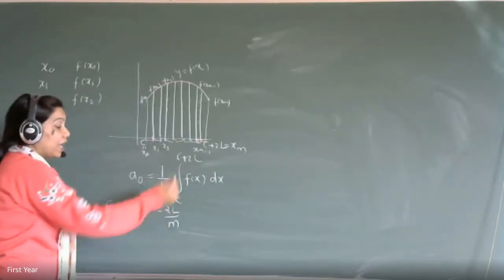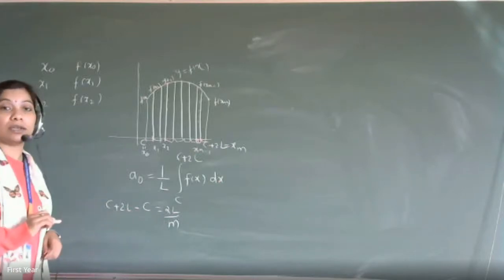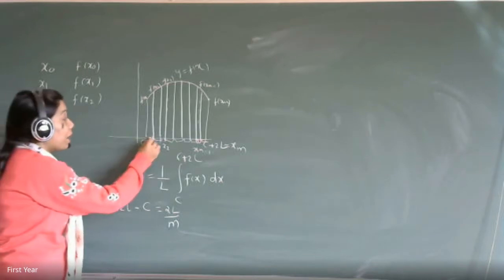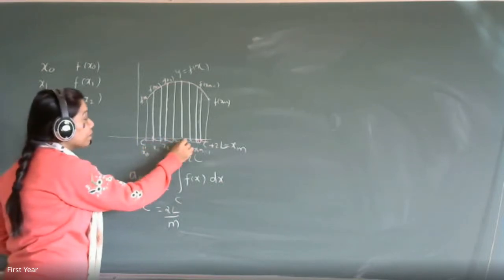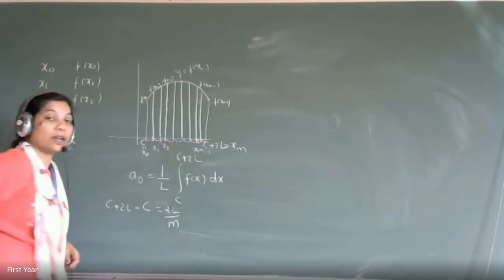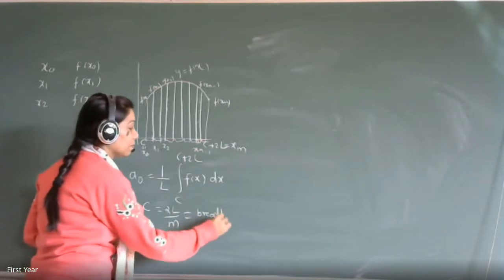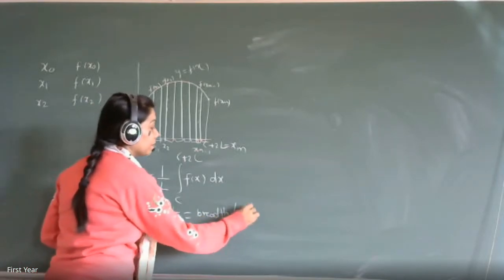That entire length I am dividing in m equal parts. So what will be the width of each part? 2l by m. Is this the breadth or width? Correct?